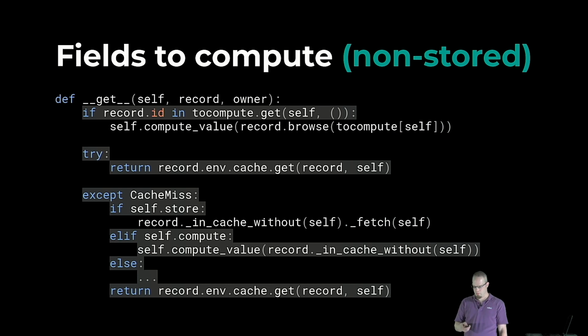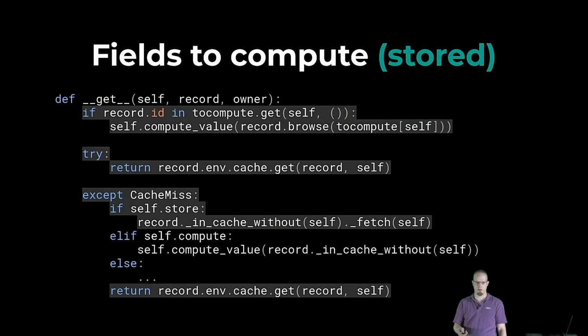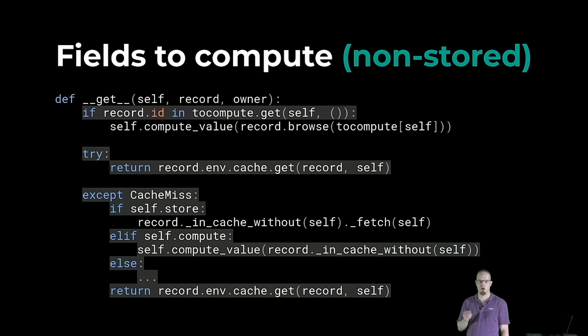If you compare here and here, this is the case for non-stored computed fields. If a field is not stored, it will never appear in the toCompute data structure. So toCompute is only for stored computed fields. A computed field that's not stored will never fall into that. Therefore, the condition of the if is always false, and you first look up the cache.